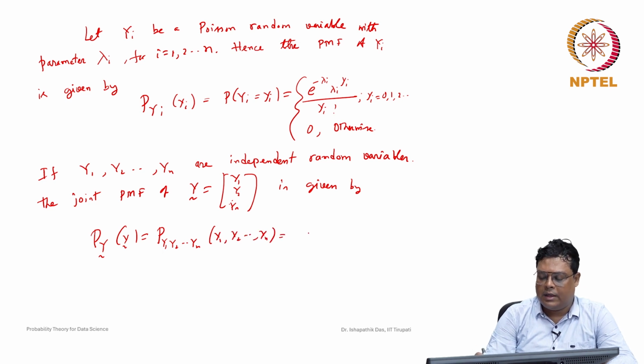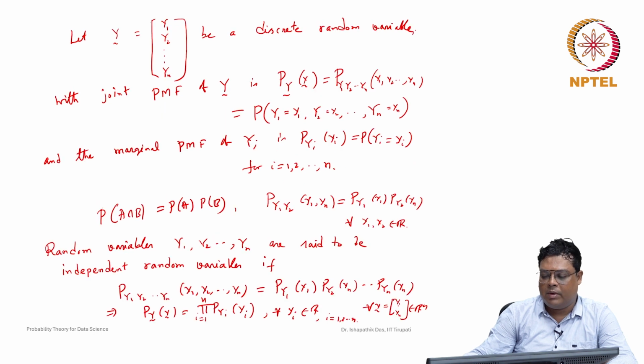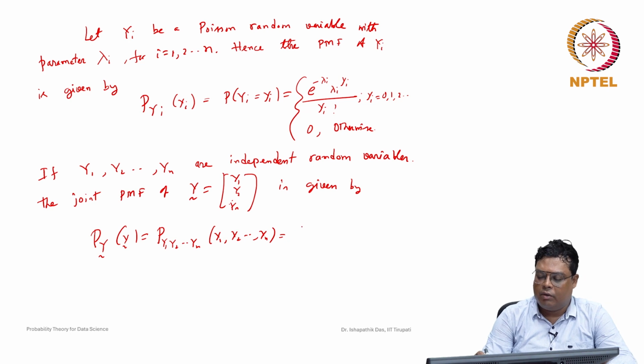By definition, if they are independent random variables, then it is equivalent to writing the product of the marginals, p of y1, y1 times p of y2, y2, up to p of yn, yn.